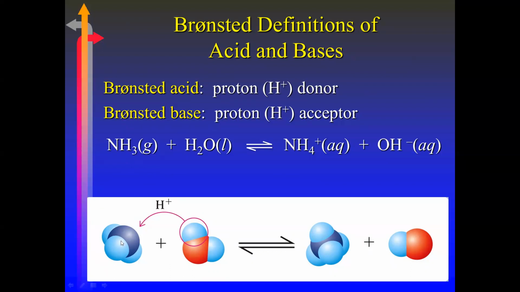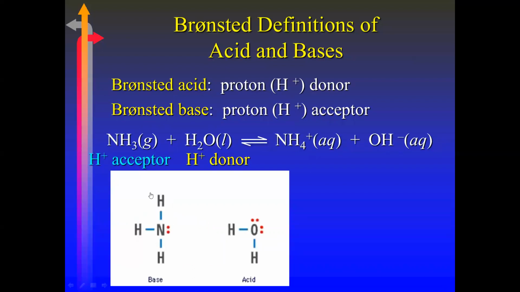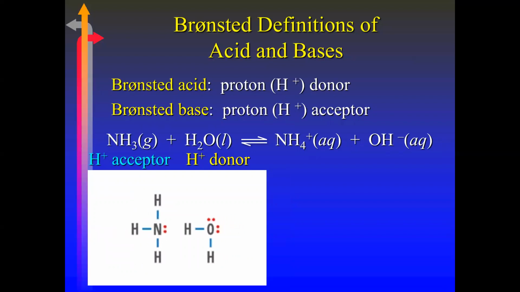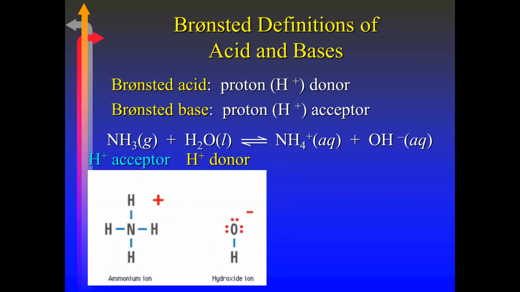So it seems this Brønsted definition is better in terms of explaining ammonia, directly using the concept of hydrogen acceptor or donor. Ammonia acts as a base in solution by accepting a proton from a water molecule. This liberates a hydroxide ion and results in a basic solution.